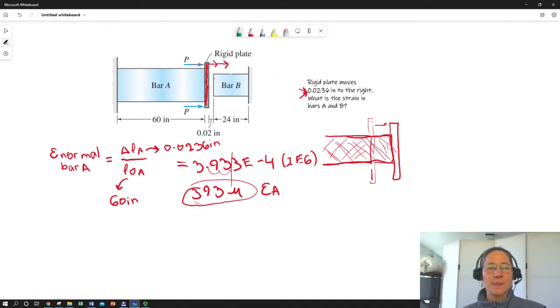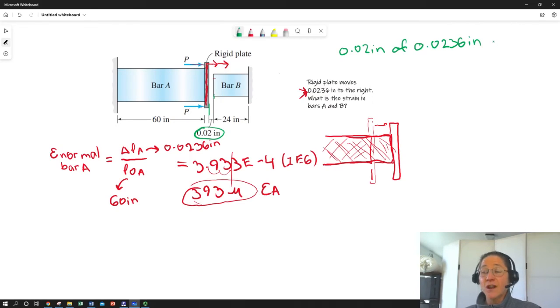We'll go green for B. Because we have this 0.02 inch gap between the leading edge of this rigid plate and where we begin to contact bar B. So the plate's going to have to move 0.02 inches of its total 0.0236 inches of rightward displacement before it even starts to compress bar B. So the total travel distance of the rigid plate, which is going to contribute to any kind of strain of bar B, is just 0.0036 inches.